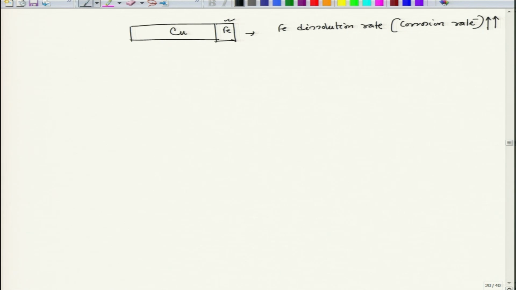increase seriously. The reason is, since we have a very large cathode area, this is the cathode area, and this small part is the anode area.